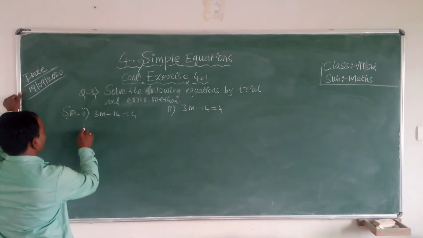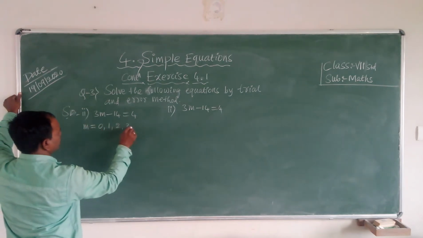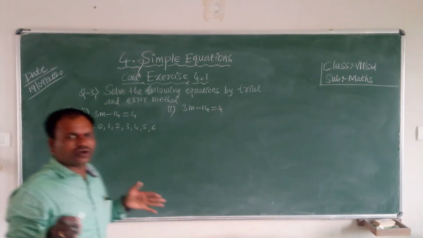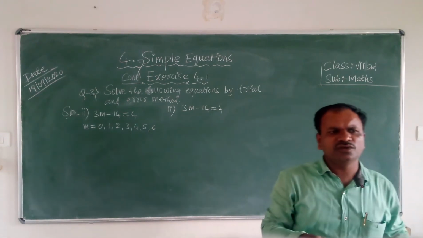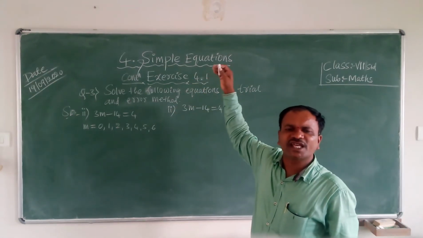So I am taking m is equal to 0, 1, 2, 3, 4, 5, 6. However much you take, you will know this much. First you take that value. However many, you have to put the values one by one in the given equation, that is m.